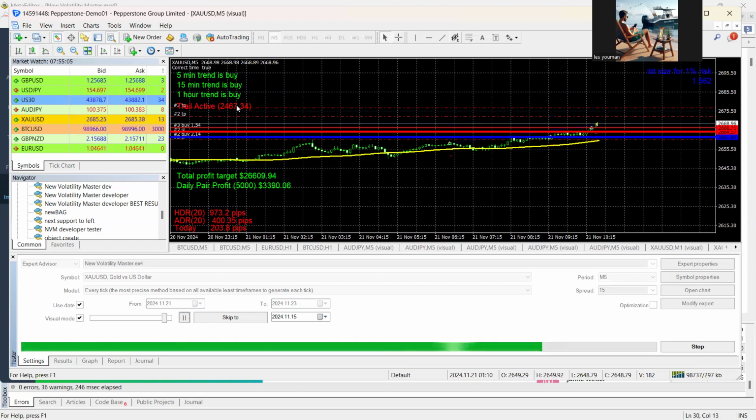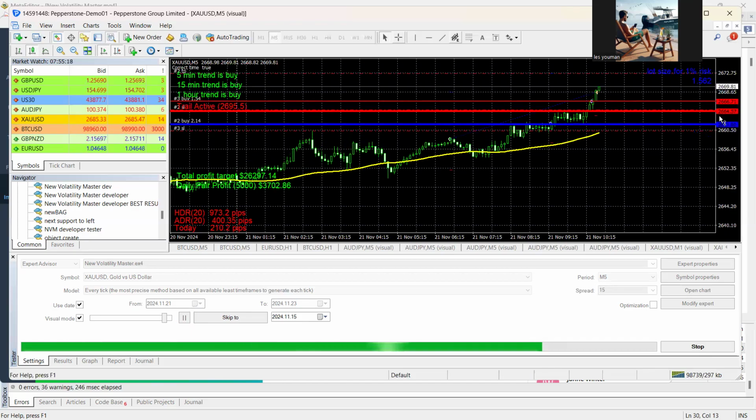It'll only ever trail up, it won't come backwards. 2,500, 2,600, 2,700, 2,850. And that's at about when the market starts to retrace.